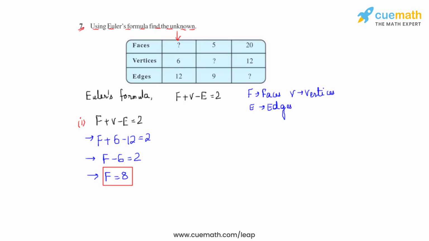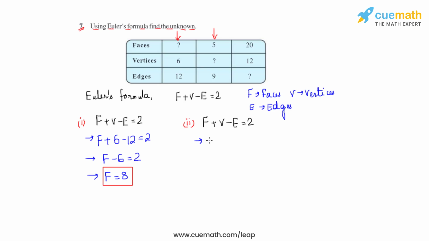Let us now consider the second column where the number of faces and the number of edges are given. So let us again take Euler's formula and substitute the values which are given according to the second column. So we have f plus v minus e is equal to 2, where in this column now the vertices are not given.